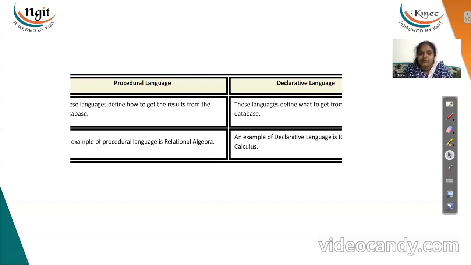I think it is now clarified what we mean by a procedural and a declarative language. Procedural language simply tells us how to get the results from the database, whereas declarative language, that is relational calculus, just defines what has to be retrieved.